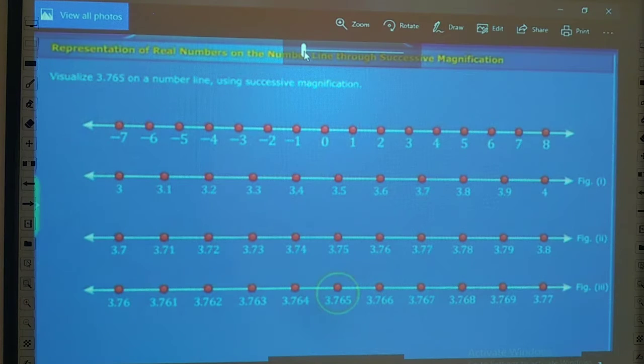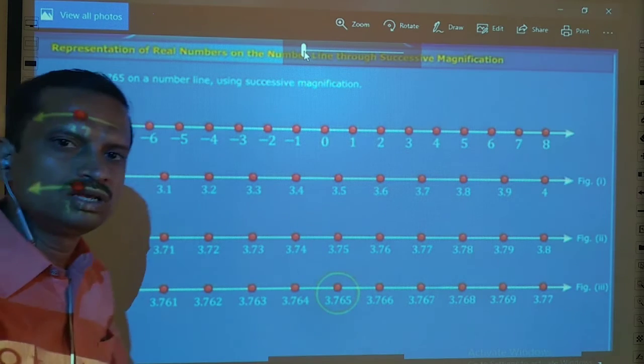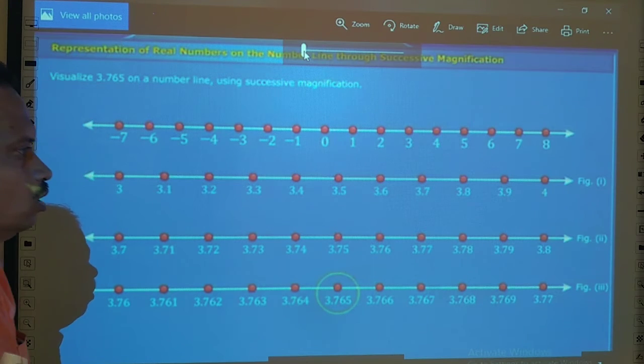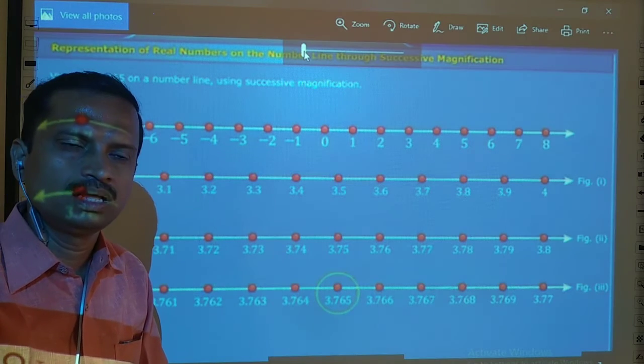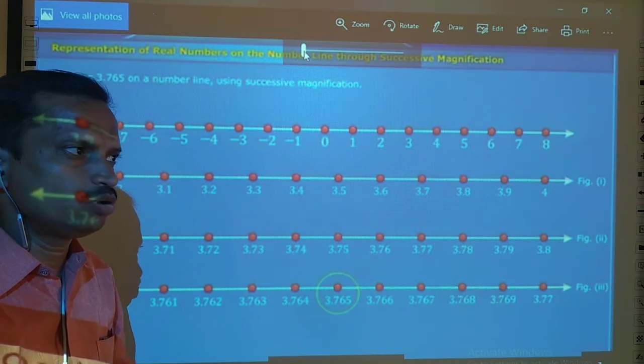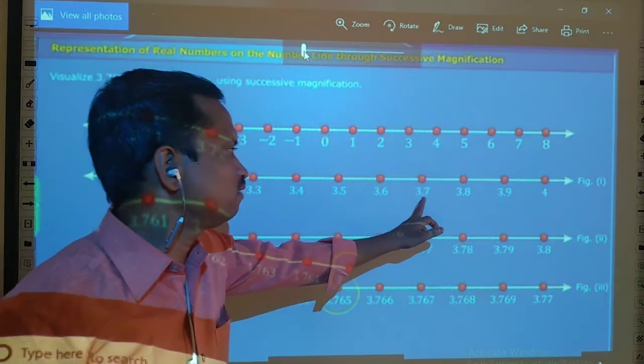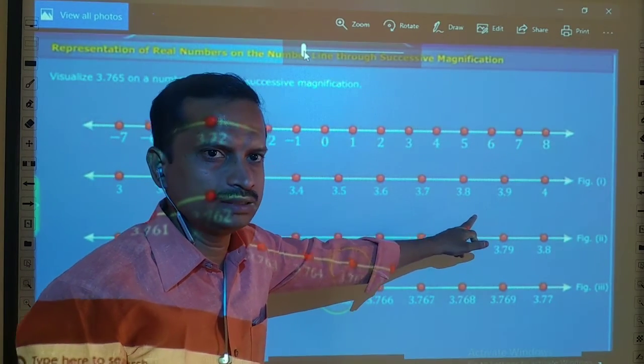And 3.76 means the next 100th digit you have to focus, and that is 3.76. So 3.76 means definitely it lies between 3.7 and 3.8. So you have to magnify again 3.7 to 3.8.